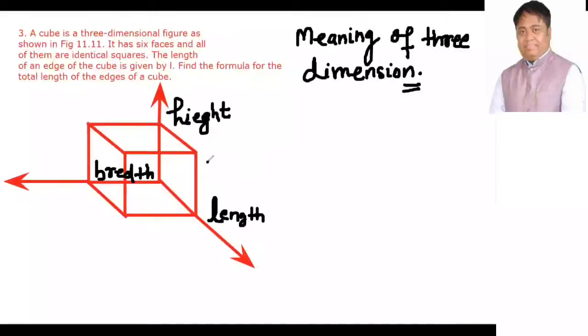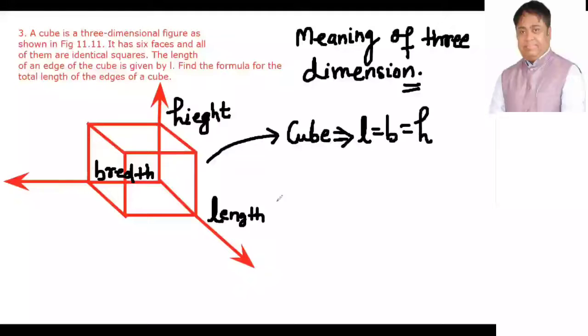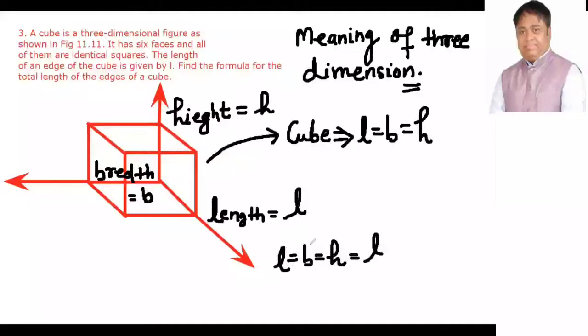So if it is a cube, for cube, length is equal to breadth is equal to height. Length is equal to L, height is equal to H, and breadth is equal to B. So here it is given that length is equal to breadth is equal to height is equal to L.